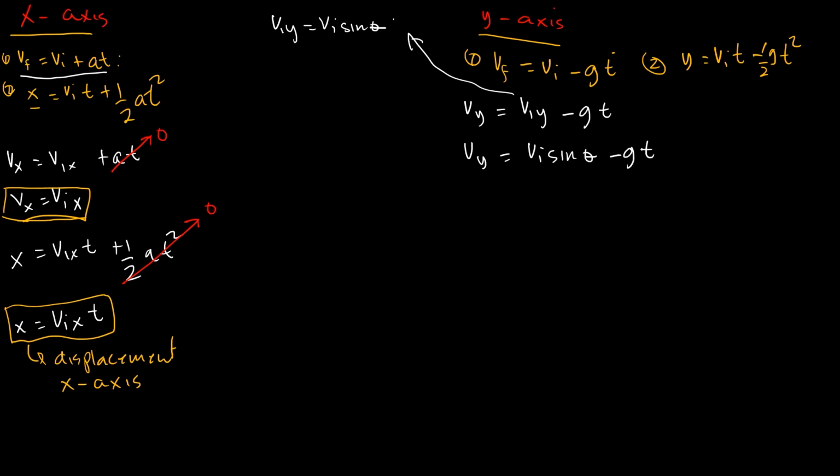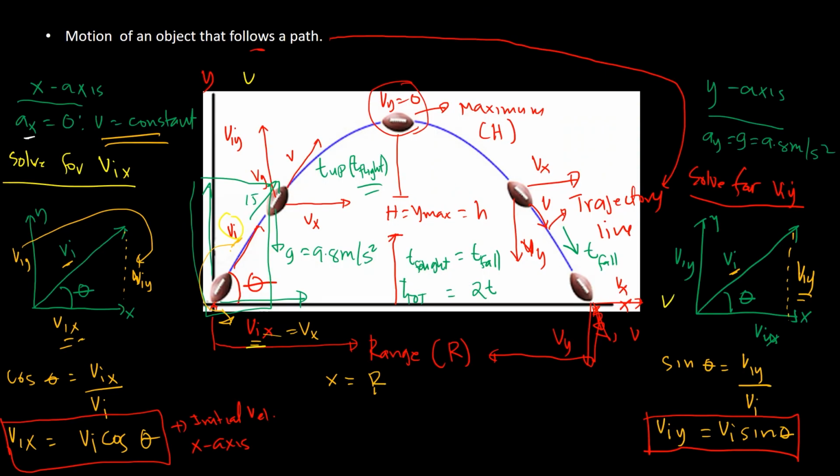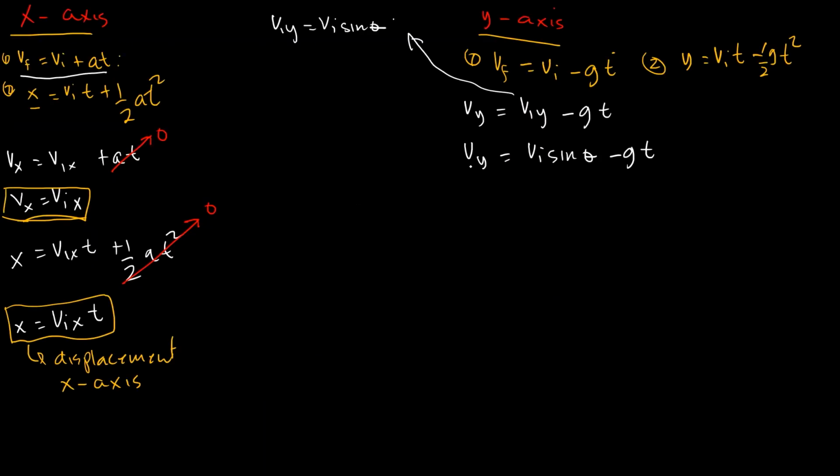That means that I can substitute v sub y is equal to v sub i sine theta minus g times t. Now in this diagram, we also said that the y velocity, or the velocity along the y component, at maximum height is equal to 0. That means that v sub y here can be assumed to be 0. So the equation becomes 0 is equal to v sub i sine theta minus g times t.